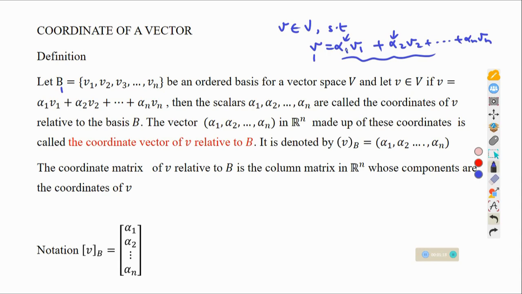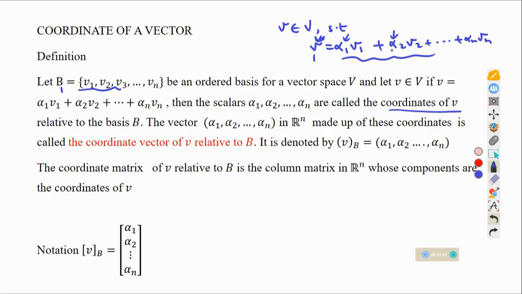So if we are in a position to obtain alpha 1, alpha 2 up to alpha n, then we shall be calling these scalars alpha 1, alpha 2 up to alpha n the coordinates of the vector v. These are the coordinates of this v in relation to the basis, which is v1, v2, v3 up to vn.